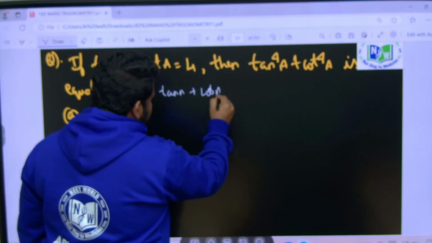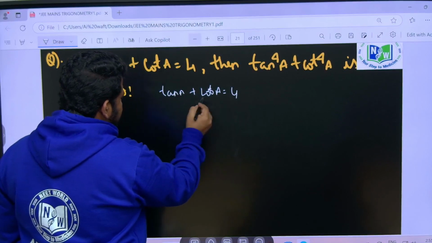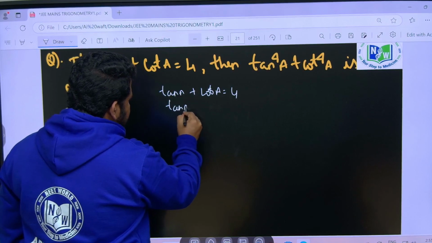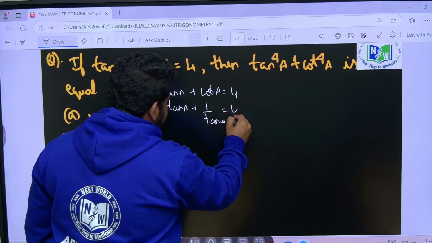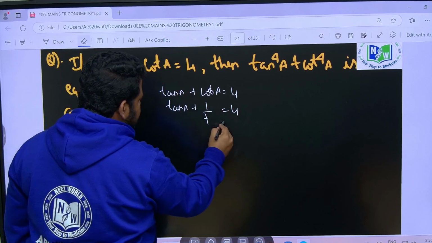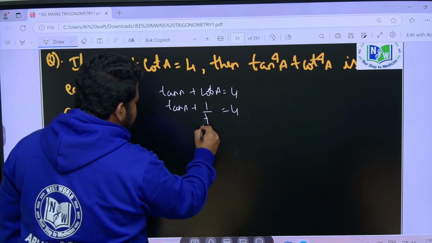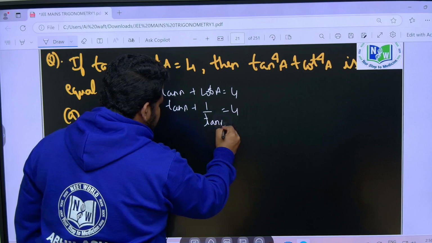We know that tan A plus cot A is equal to 4. I can write tan A plus cot A as tan A plus 1 by tan A is equal to 4.